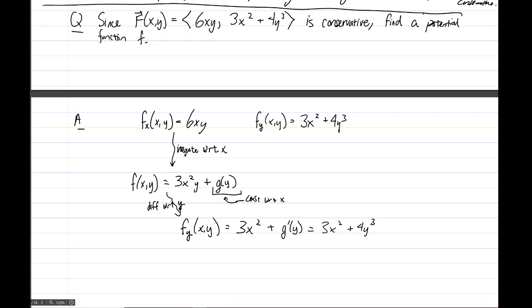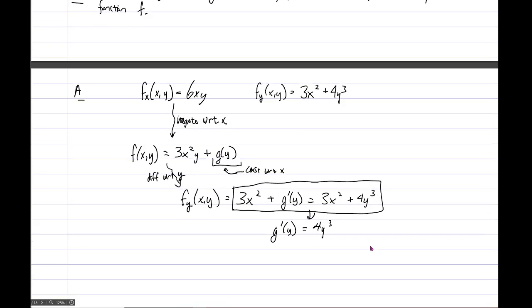Okay, then if we take a look at this equation right here, if we subtract 3x squared on both sides, we get g prime of y is equal to 4y cubed. And then what we need to do is integrate with respect to y and get g of y is equal to y to the fourth plus, well, now it should be just a constant. We don't want this mentioning x.